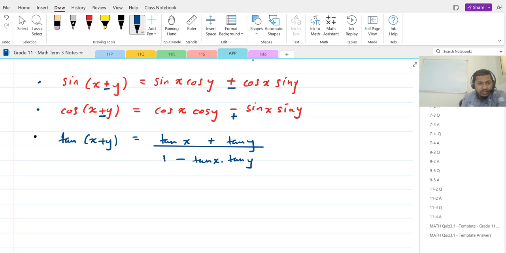Right, so the plus goes with the plus, and if I have a minus, it goes with the minus. Change all the signs and that becomes a plus. So if I ask you what is tan x minus y, you're going to say tan x minus tan y divided by 1 plus tan x tan y.